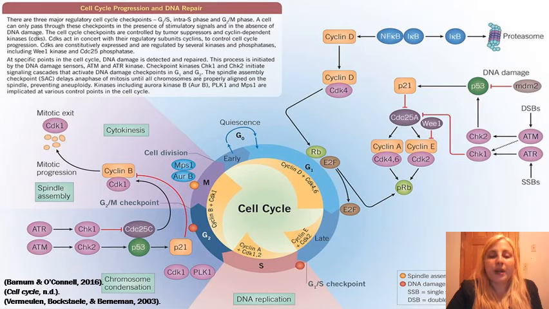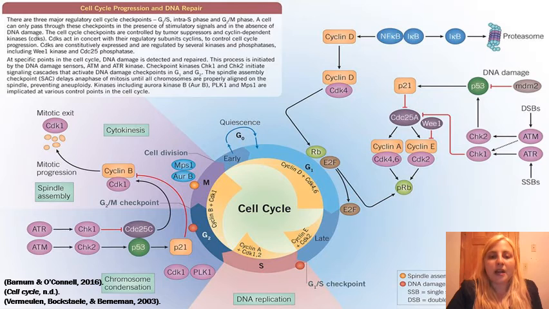First, when a break in DNA occurs, it is detected by kinase sensors. These sensors are labeled ATM and ATR, represented by the purple circles on the right-hand side of the illustration. Specifically, ATM detects breaks in double-stranded DNA, and ATR detects breaks in single-stranded DNA.